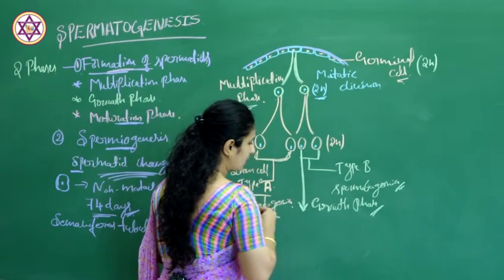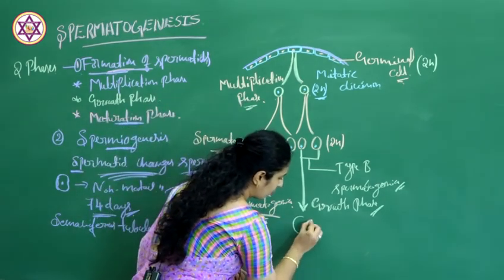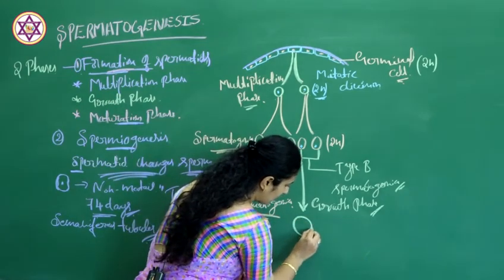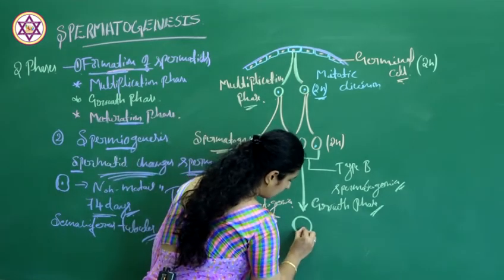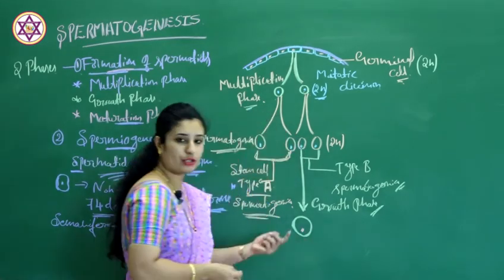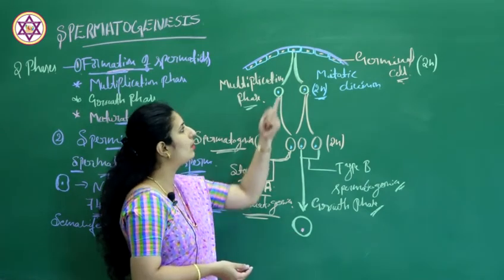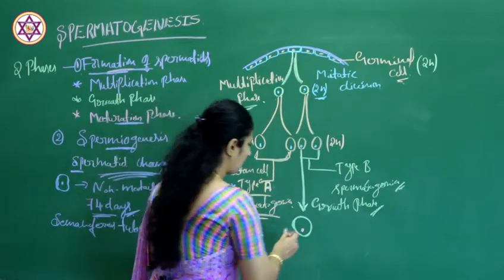Here the size of the spermatogonia is increased and accumulation of nutrients takes place. The accumulated nutrients are secreted from the germinal cells.